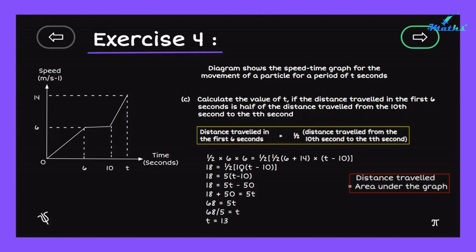So 18 equals 1/2 times (10 plus t minus 10)... then t equals 5 times inside 2 plus 10 equals 5t, and then negative 15.